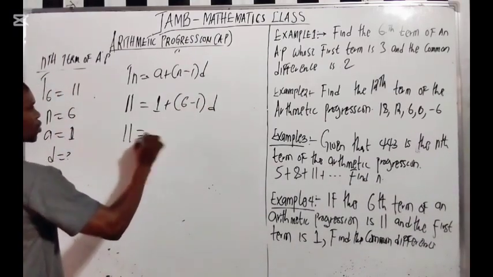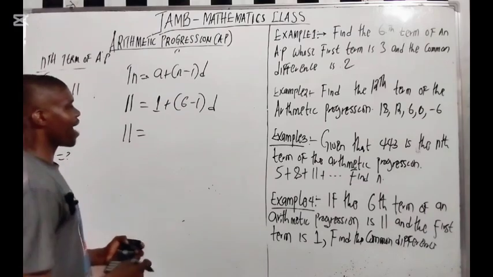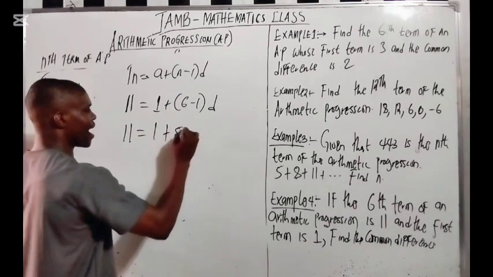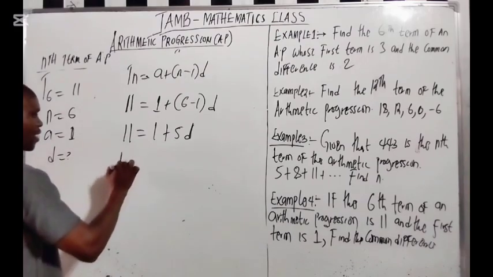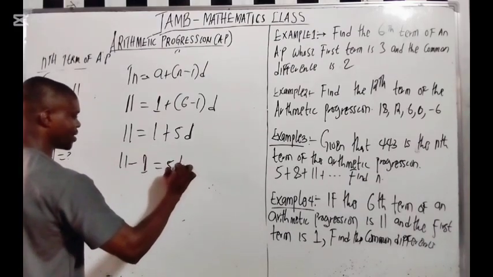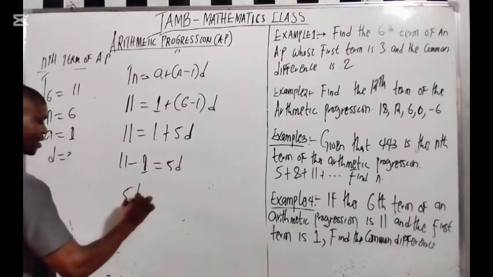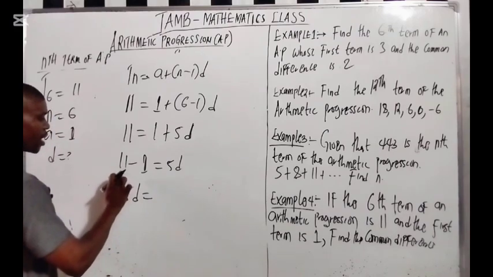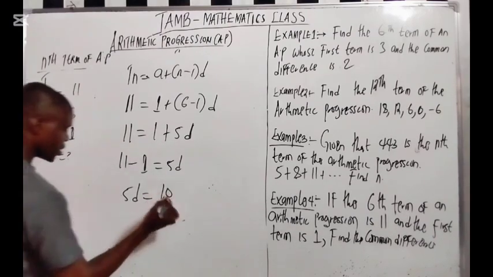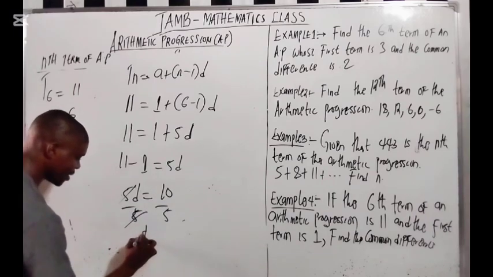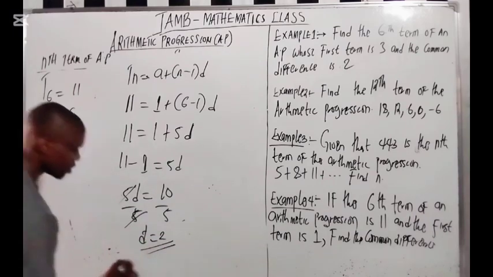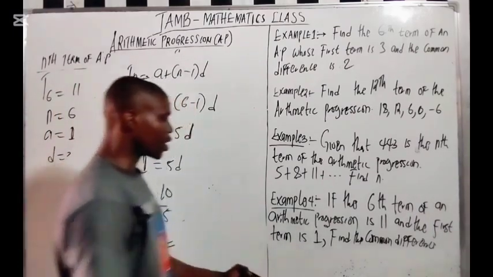So 11 equals 1 plus 5d, because 6 minus 1 is 5. Coming down, 11 minus 1 equals 5d, right? 11 minus 1 is 10. Divide both sides by 5, d equals 2. That is the answer.